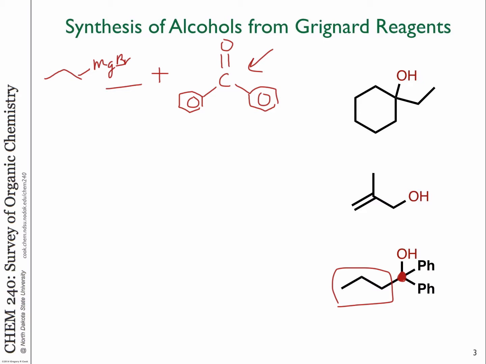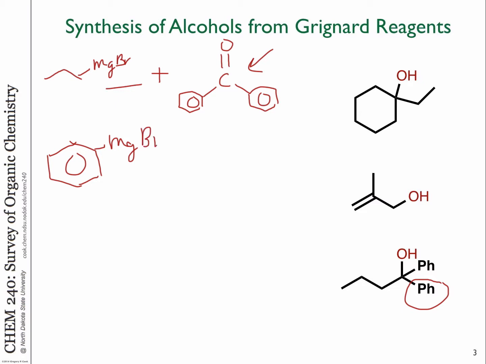Okay? The other way to do that would be to think about breaking off, instead of the 3-carbon group, one of the phenyl groups as the Grignard reagent. Okay, so in that case, what we have is the Grignard prepared from bromobenzene.